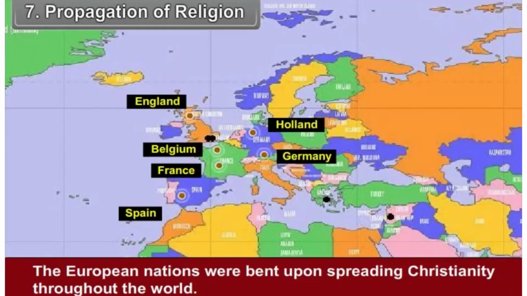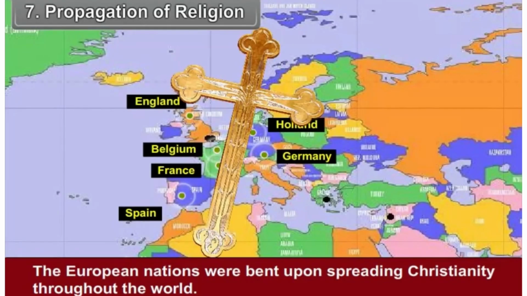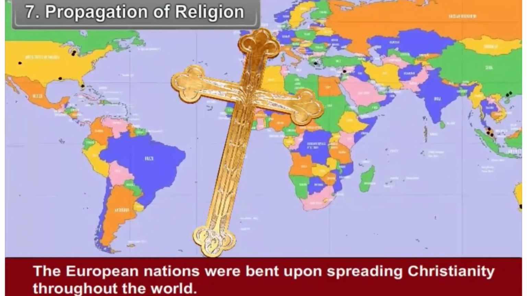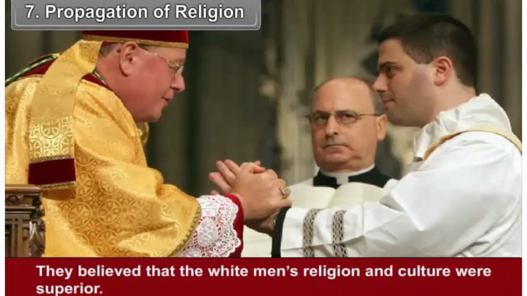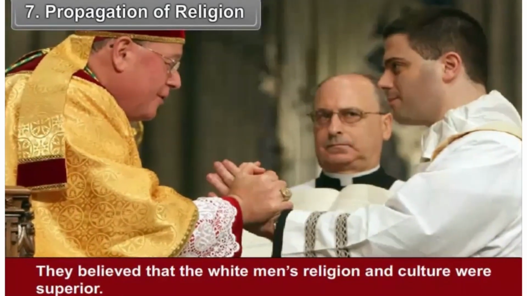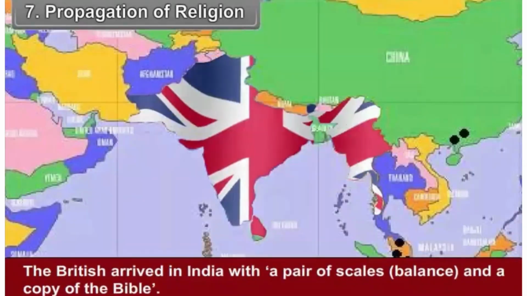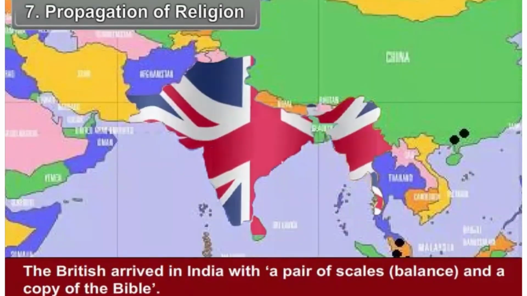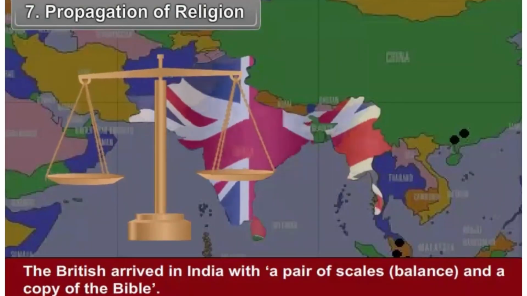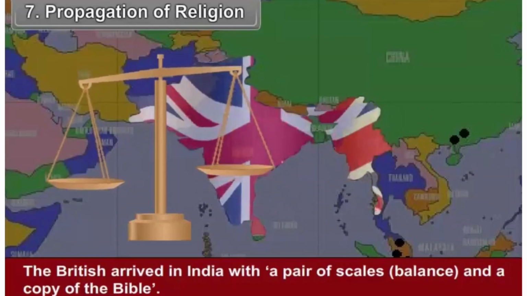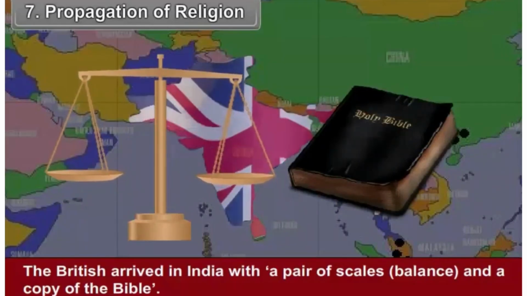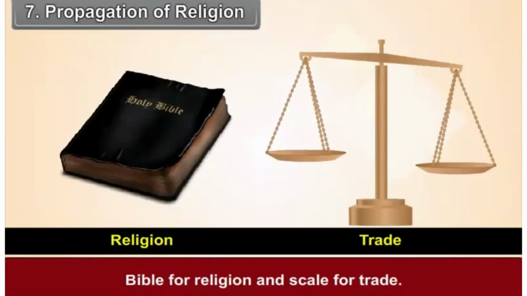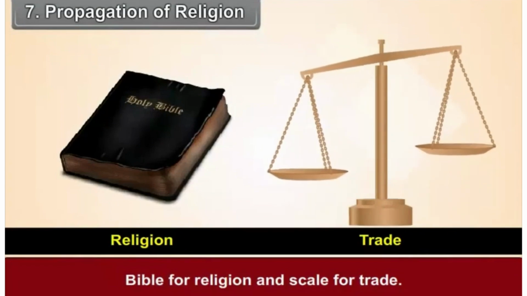Seventh, propagation of religion. The European nations were bent upon spreading Christianity throughout the world. They believed that the white man's religion and culture were superior. The British arrived in India with a pair of scales, that is, a balance, and a copy of the Bible. Bible for religion and scale for trade.